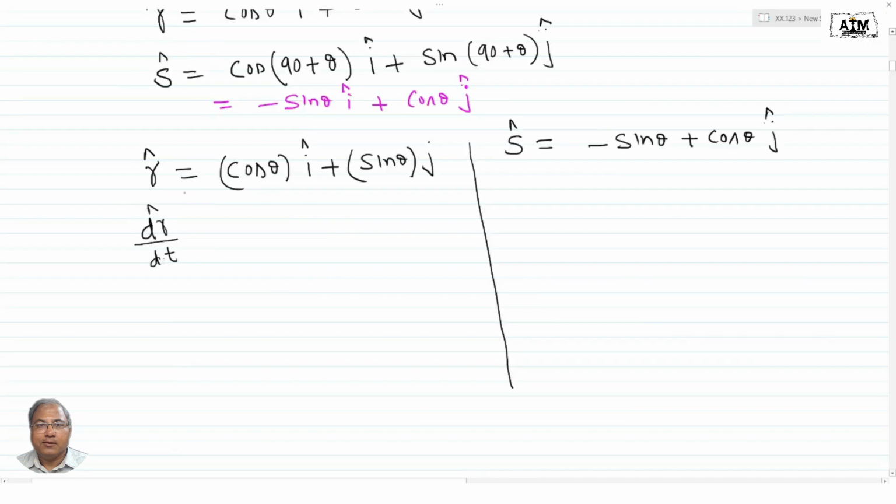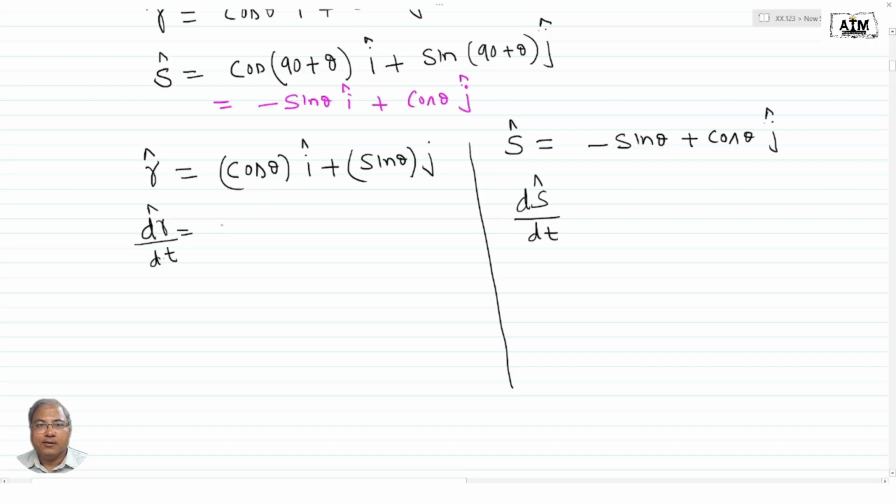Now both R cap and S cap are changing with respect to time. Therefore, we differentiate R cap with respect to t and S cap with respect to t.